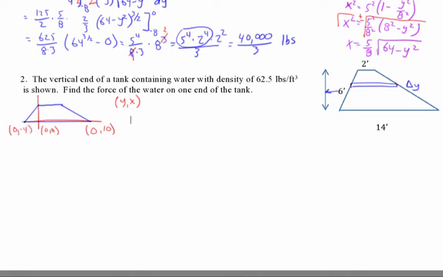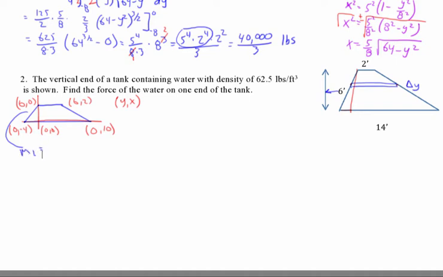Now you might ask, why? How do I know it's -4 and +10? It really doesn't matter, as we'll see, but for right now, for convenience sake, that's what I'm going to do. I'm just thinking about cutting this down and saying this part over here is 4, 2, and then the rest of that is 8. So I have 6, 2 and 6, 0. So now let's go ahead and find the slope.